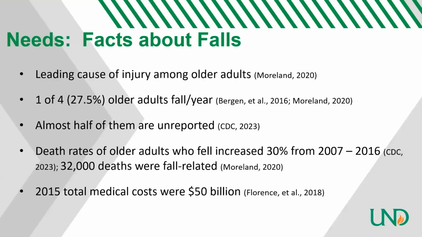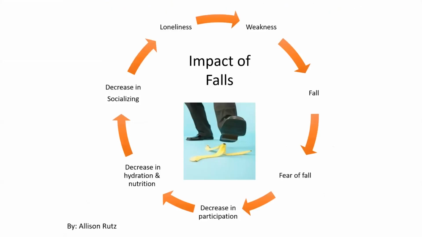We know that they're a leading cause of injury among older adults. 1 in 4 fall each year, but almost half of those falls are unreported. We know that the death rates of older adults who fell have increased 30% between 2007 and 2016. And we know that in 2015, the total medical costs were $50 billion. So it is a very serious need. And really every older adult we treat, we really should be addressing falls.